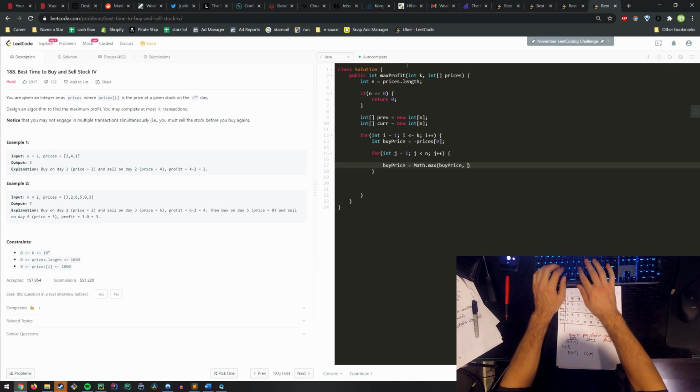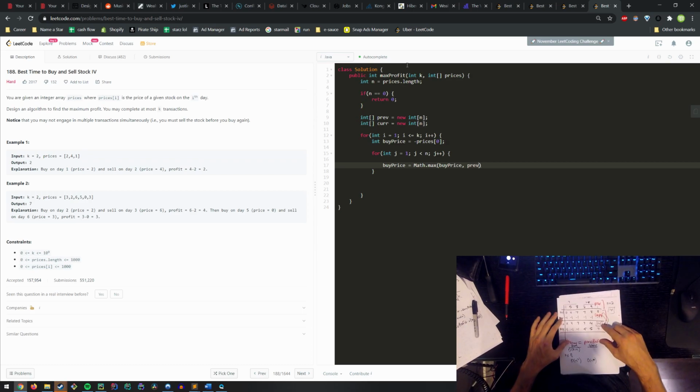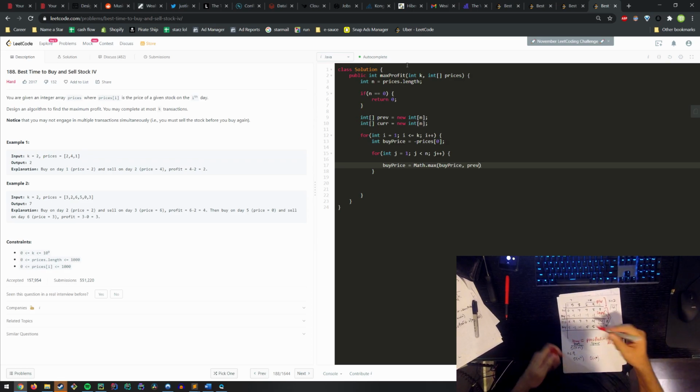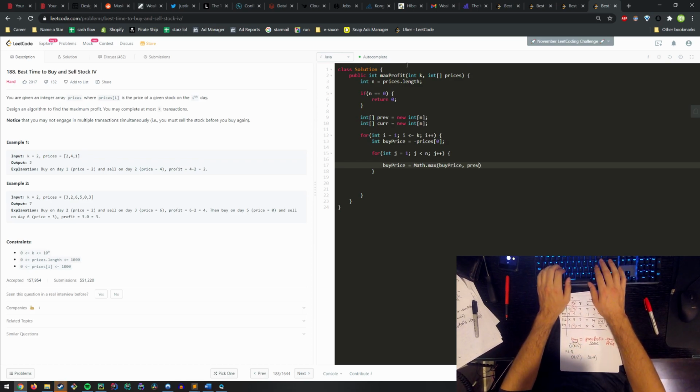So the previous profit was one up, so if we were looking at an example here, we'd be calculating the previous profit minus the buy price. So really this is the array one up and to the left.